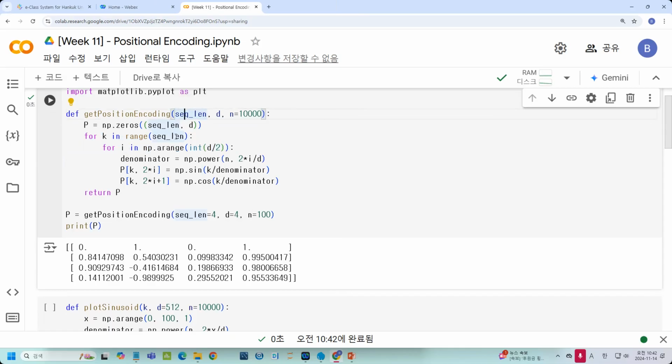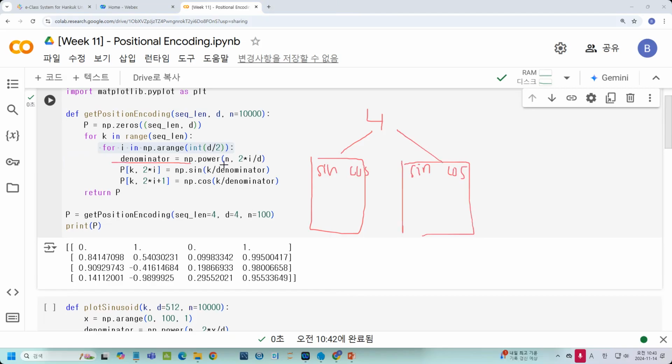Because d is 4, we divide by 2. Why? Because when we have 4, there will be 2 positions: the first with sine and the second with cosine.